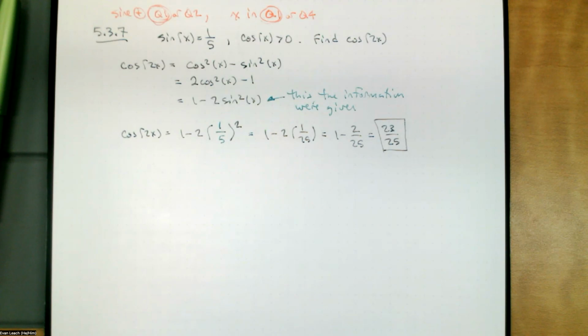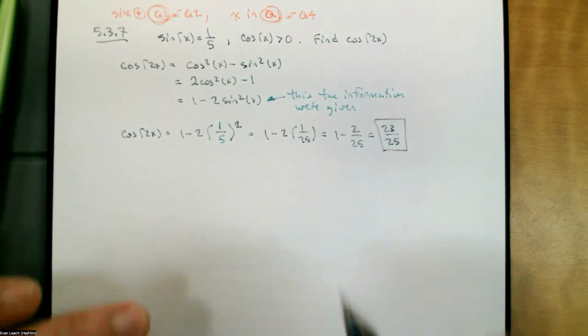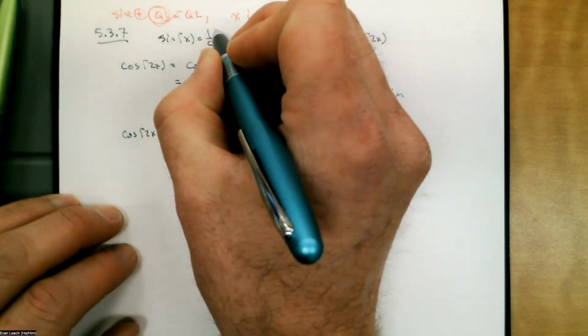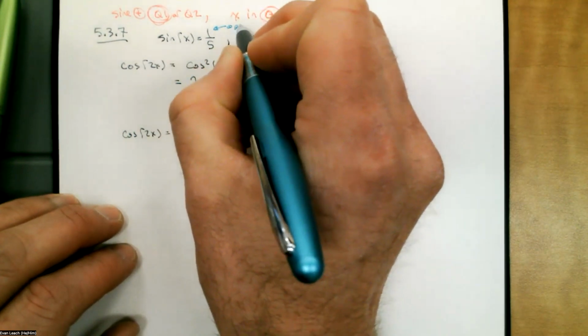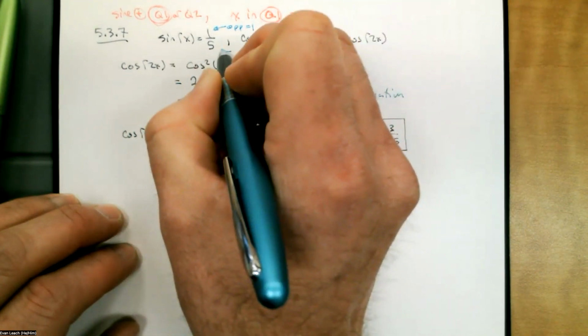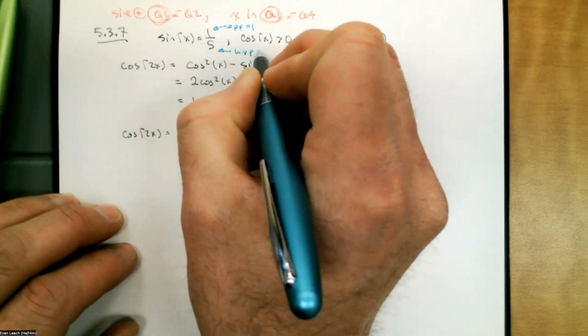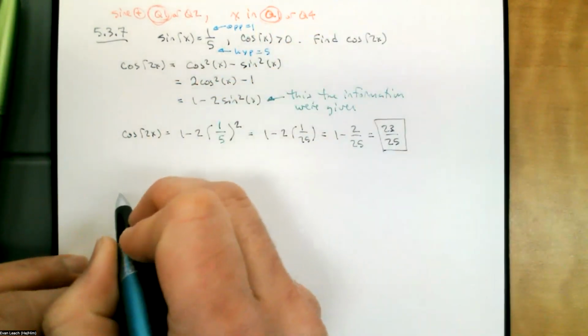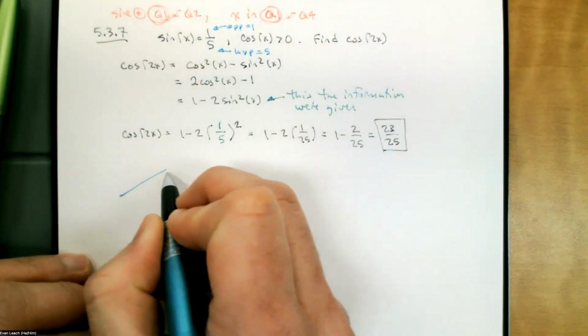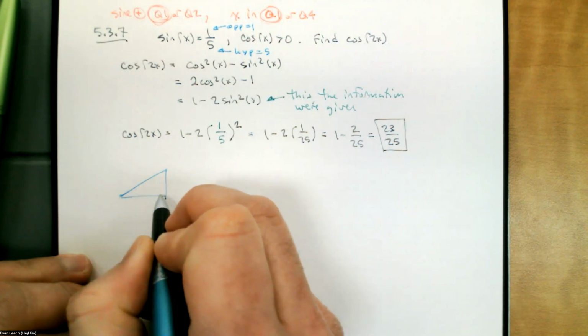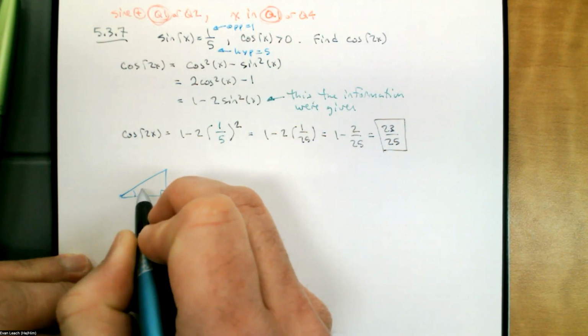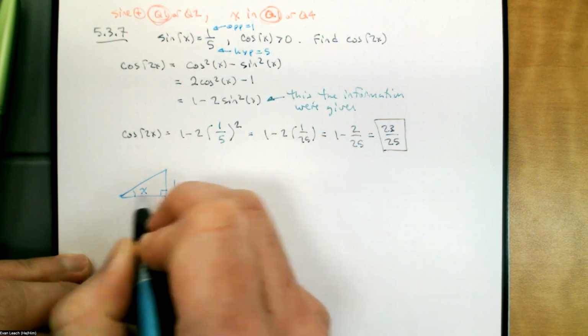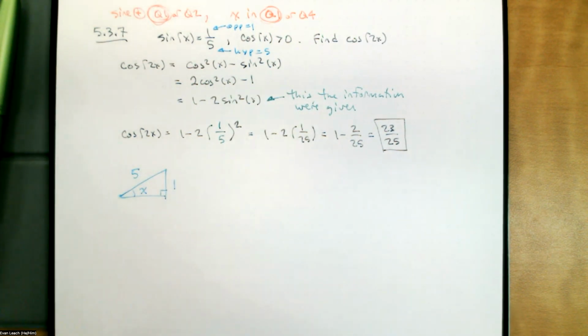So since we know that sine of x is 1/5 and we're in quadrant 1, we could read the sine of x is 1/5 as opposite over hypotenuse. So it could be that the 1 is opposite and 5 is hypotenuse. And we can draw a right triangle in the first quadrant with those details, where x would show up down here, opposite is 1 and hypotenuse is 5.